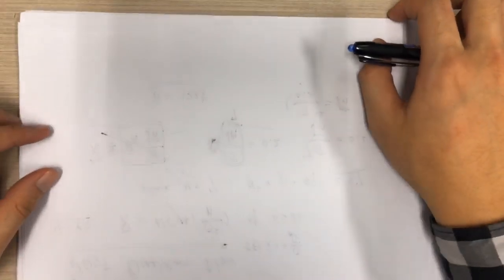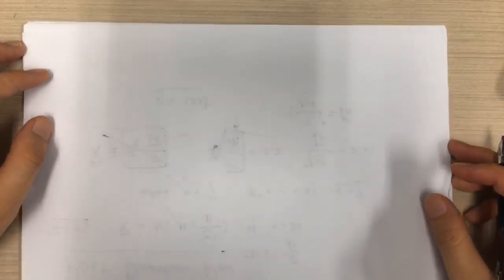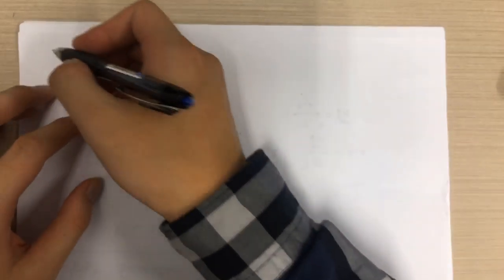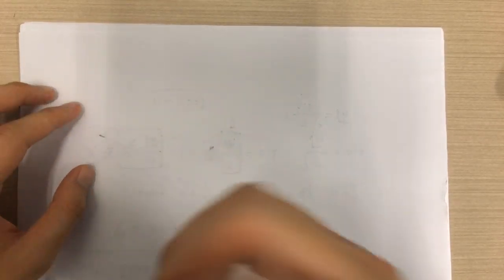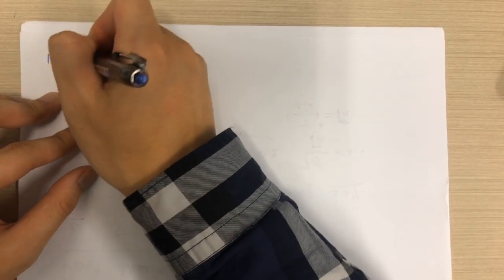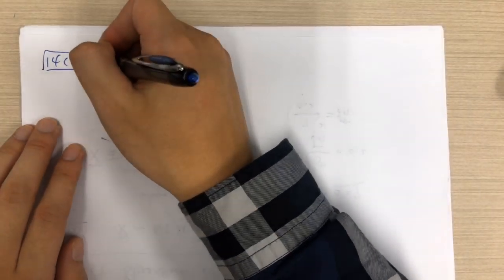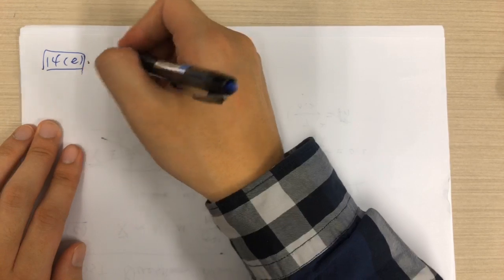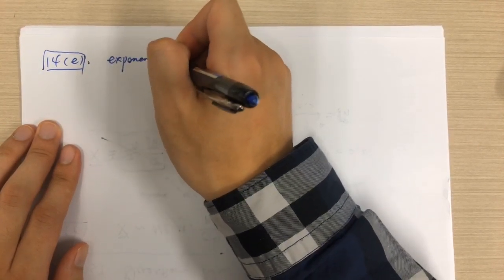So question 14E is talking about the sampling distribution of the sample mean. So maybe your question is asking how to find Z, but actually in 14E, the information given was that you got an exponential population, right?